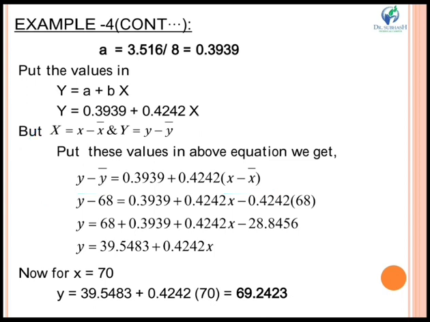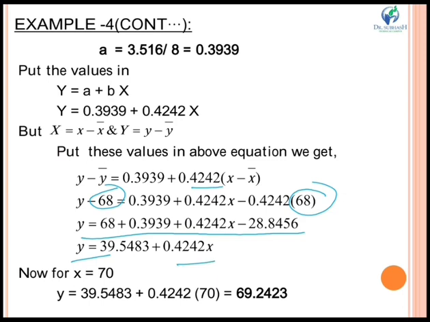Now I have again substituted the values of y bar and x bar over here, and I have multiplied 0.4242 with the bracket. So this is the obtained equation, and simplifying it I get y equal to 39.5483 plus 0.4242x. This is my final required straight line.